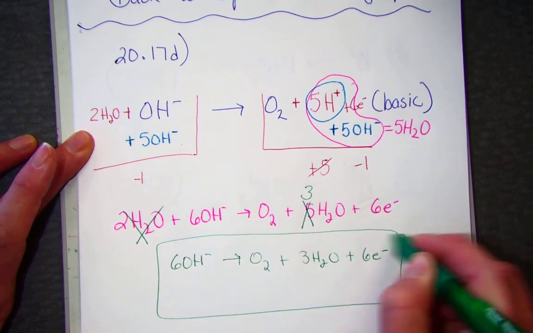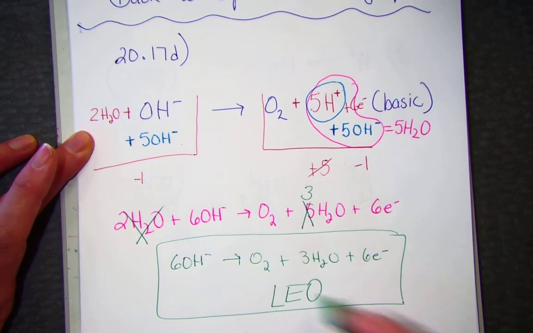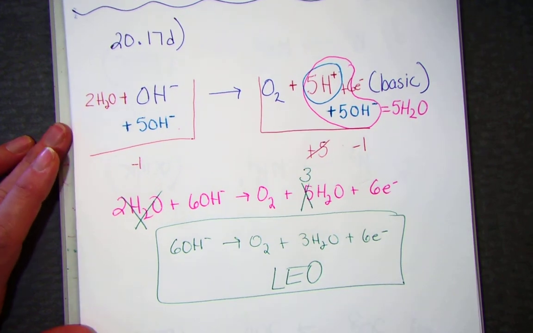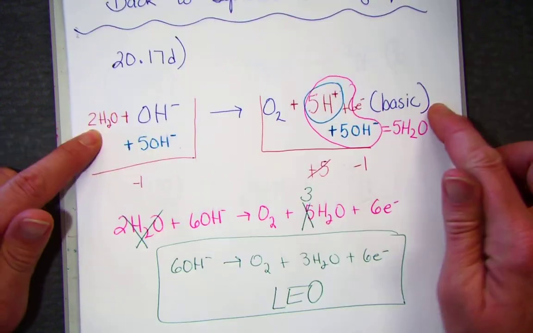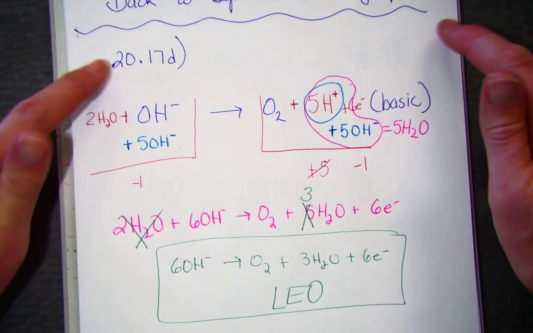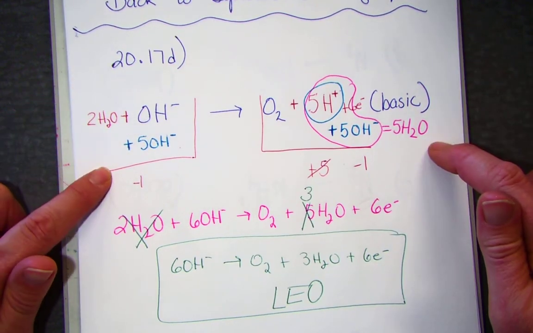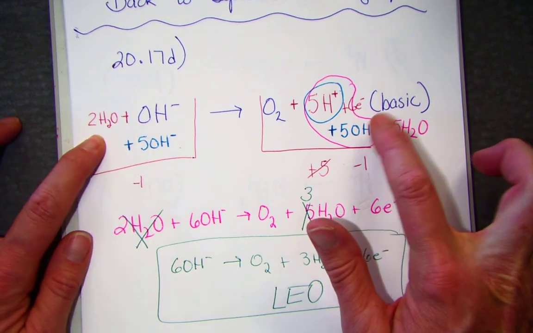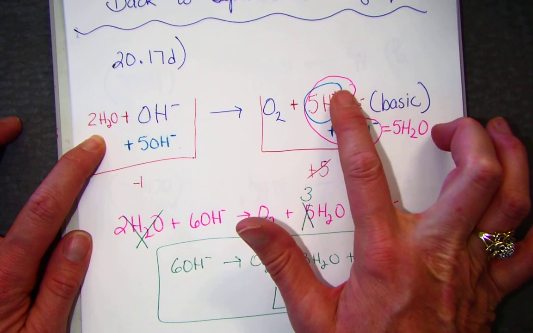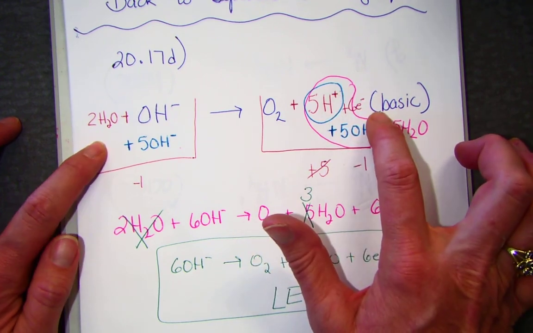The loss of electrons is an oxidation half reaction. I'm going to repeat myself. To balance this half reaction, we did exactly the same steps as the acid. We balanced the O's with water. We balanced the H's with the hydrogen ion. We balanced the charge with electrons.